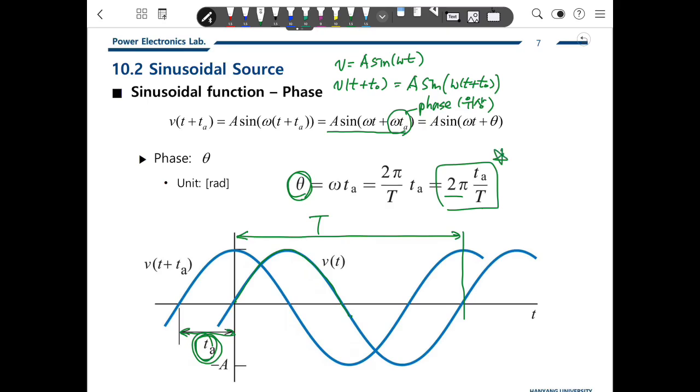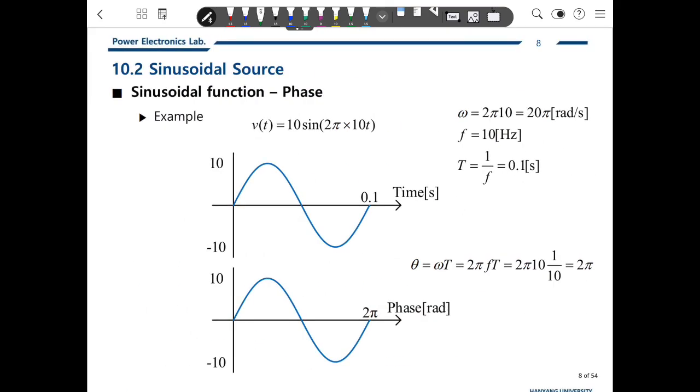And this is important here. For example, if V is 10 sine 2 pi times 10t, this is omega, the angular frequency, 2 pi times 10. What's the meaning? The frequency is 10 hertz, which means one period is 0.1 second.